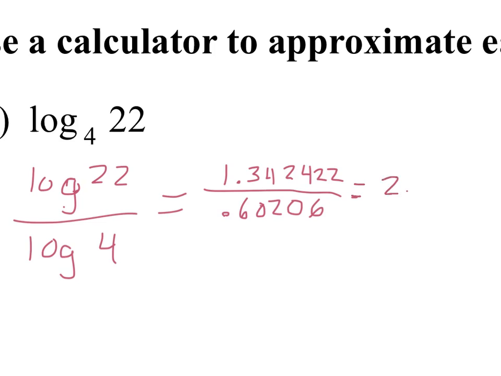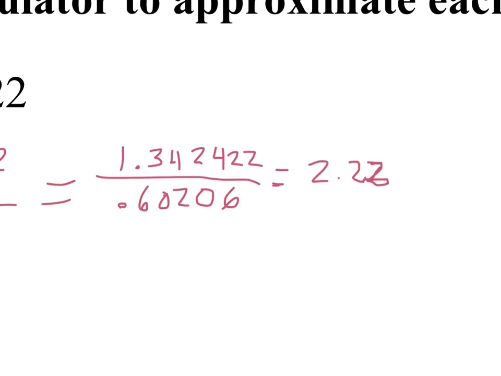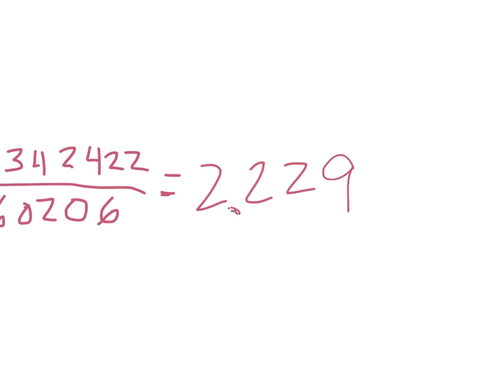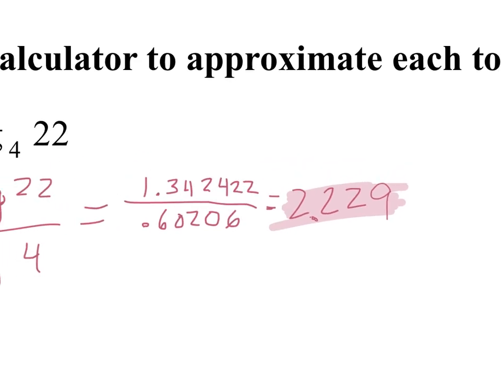And we get 2.22. So let's see, it says to the nearest thousandth, so it's going to be 3 decimal places. So 2.229. Any questions here?